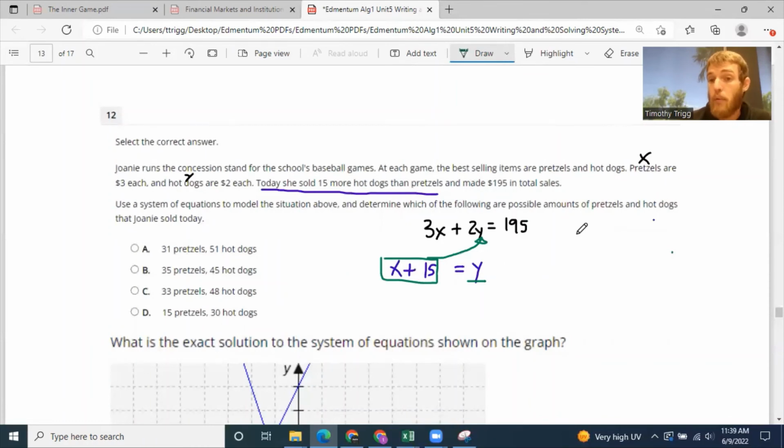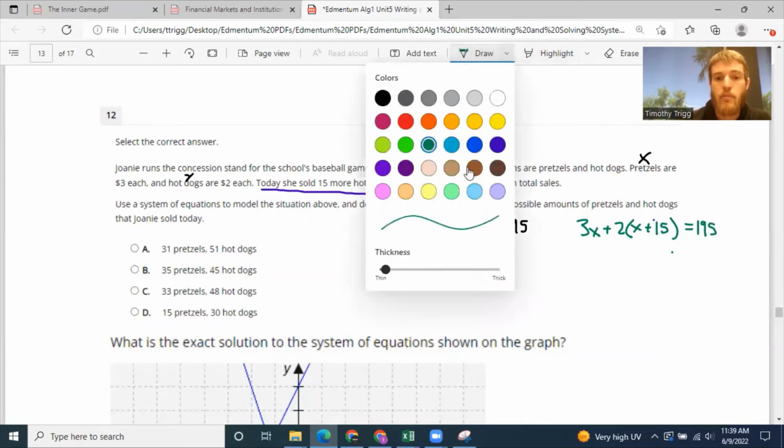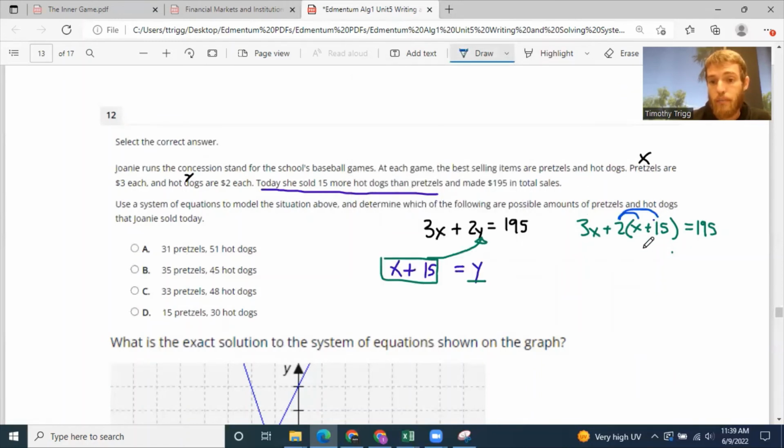So now let's rewrite the first equation: 3x plus 2 times the value of y, which is x plus 15, equals 195. Now what you want to do is solve for x here. What would be my first step in solving for x? Well, hopefully you would distribute this 2 here, giving us 3x plus 2x plus 30.